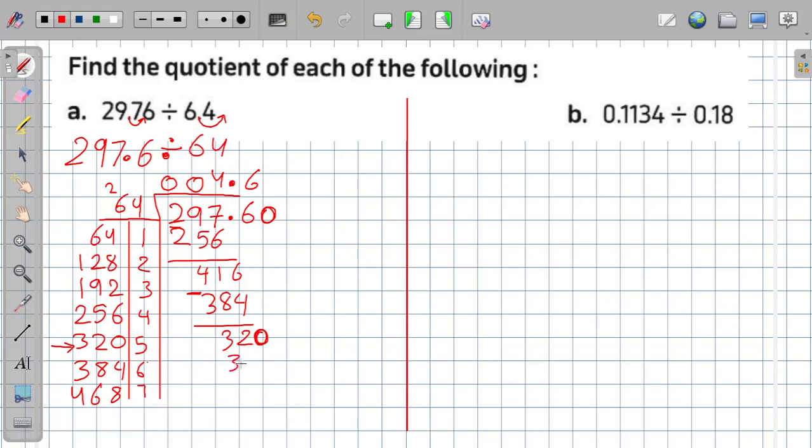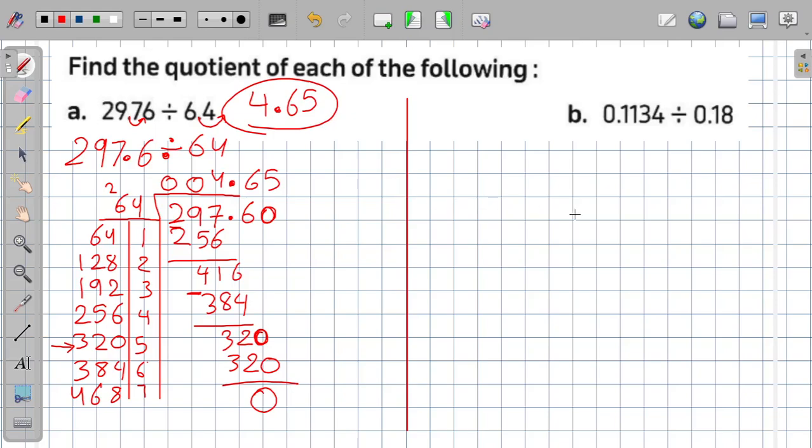So I will take 320 and divide it by 64. So 320 divided by 64 equals what? Equals 5. And the remainder will be 0. So our answer will be 4.65. And this is our answer.